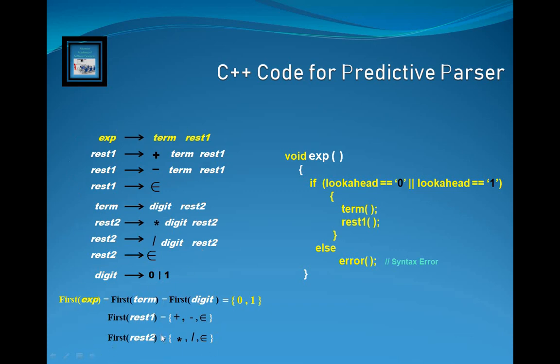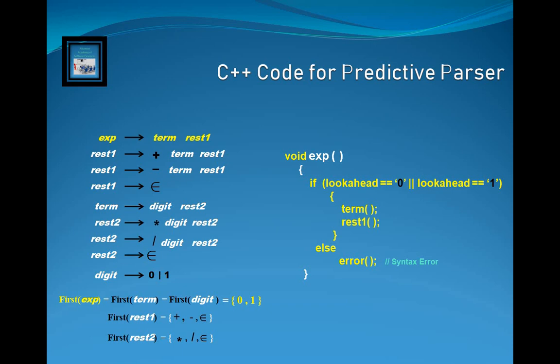As you know, a predictive parser is a specialized type of recursive descent parser, and we already learned that in a recursive descent parser there is a function for each non-terminal of the grammar.